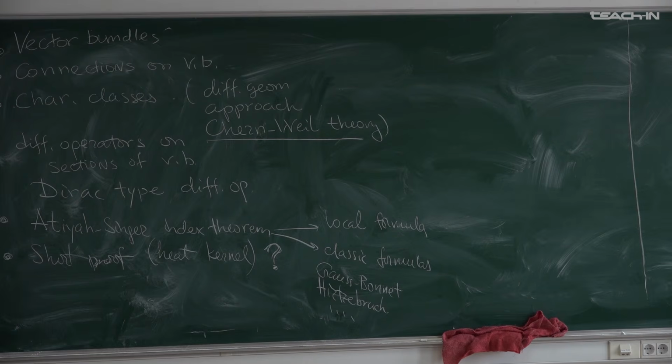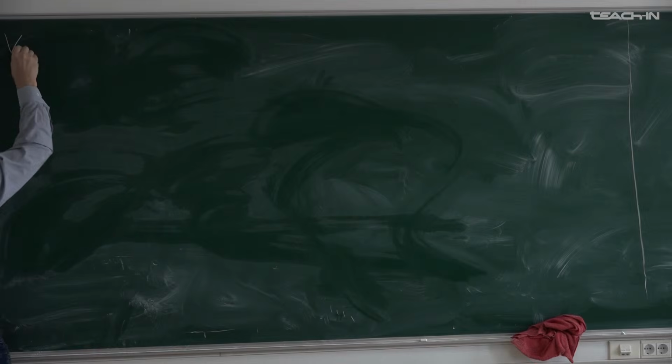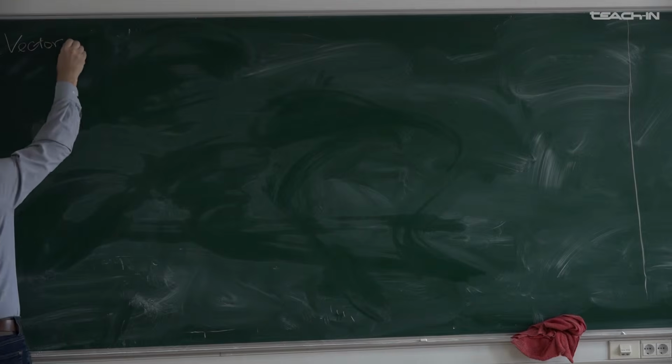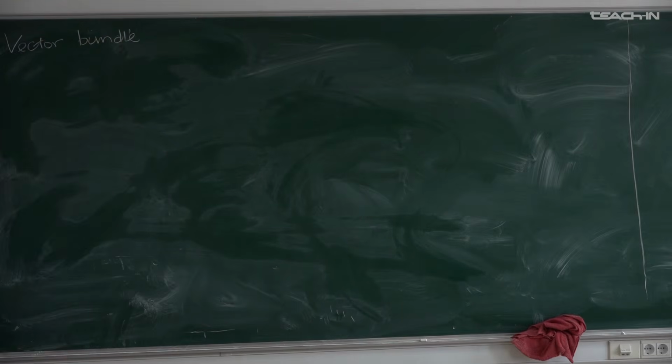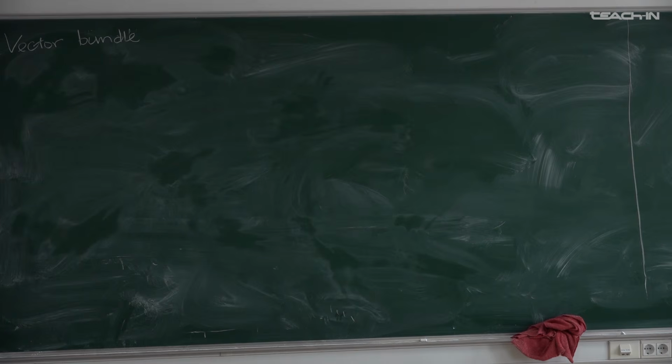So today we need to understand what a vector bundle is and learn some specific examples. So a space that is locally diffeomorphic to a Cartesian product between some base and a fiber, with a total space.